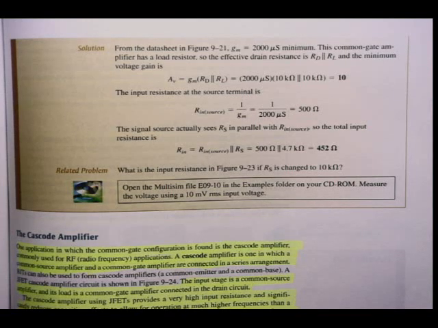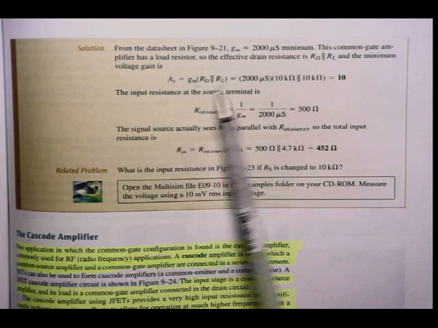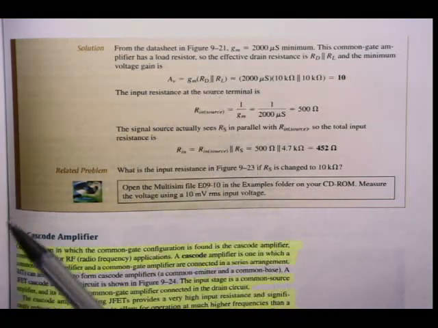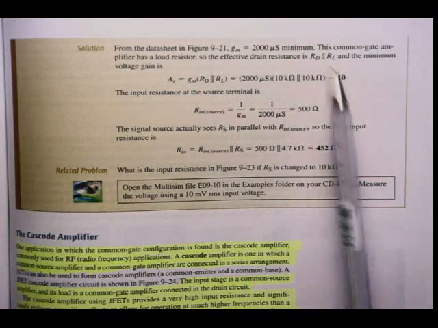This common gate amplifier has a load resistor. If you can look on the previous page at the figure, the effective drain resistance is then RD in parallel with RL. Remember, you have to calculate that. So, voltage gain then is gm times that resistance rd, RD in parallel with RL, and the answer there, the voltage gain is then 10.